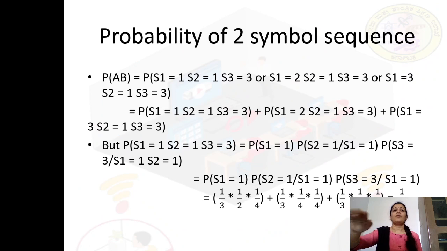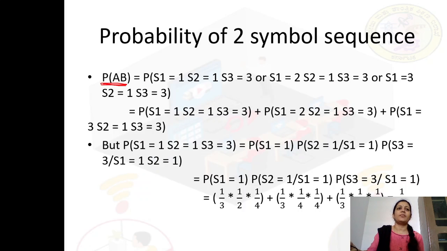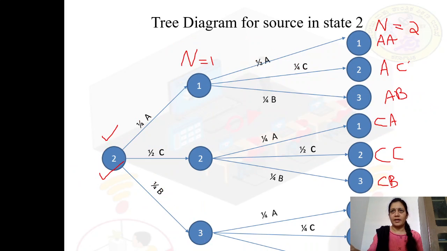Right. Now I am interested in knowing what is the probability that the sequence AB will be emitted by the source. Okay. Now let us check all the three tree diagrams and find out where AB is present. As we can see, AB is present here in the first tree diagram, right? So the occurrence of this sequence is only once in the first tree diagram.